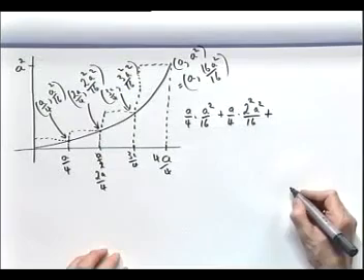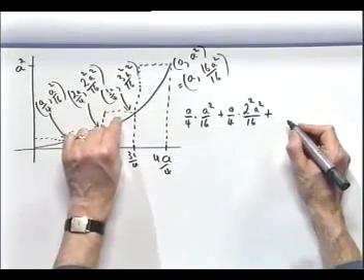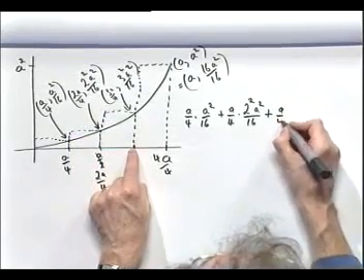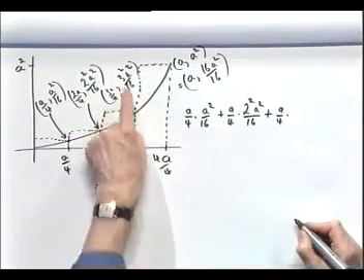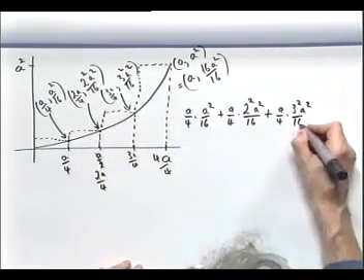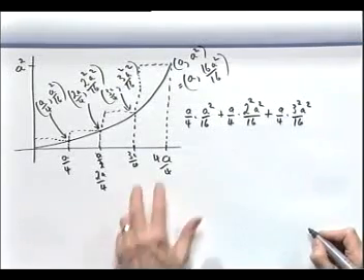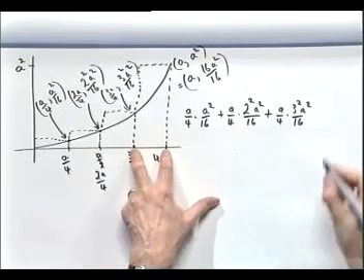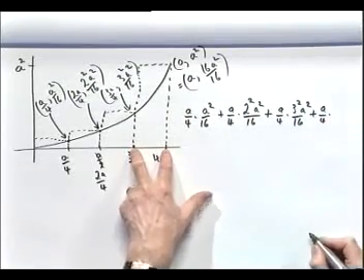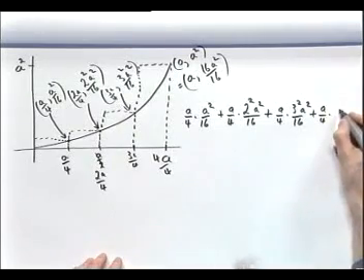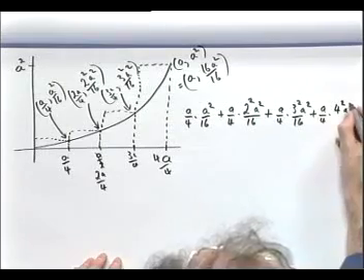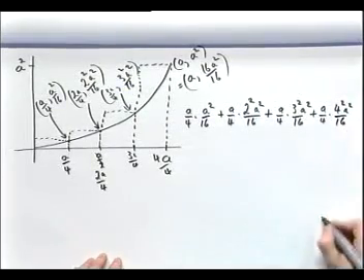Plus, and now we want to move to this one. Its width is again a over 4. Its height is 3 squared a squared over 16. And then finally the end one, again its width is a over 4 times its height, which is, now I've written 16, but of course we know that 16 is 4 squared, a squared over 16.